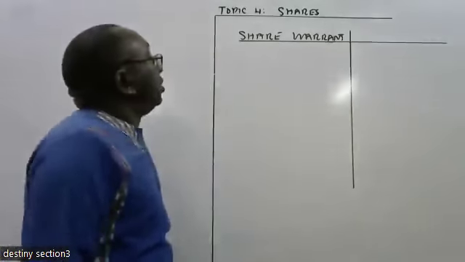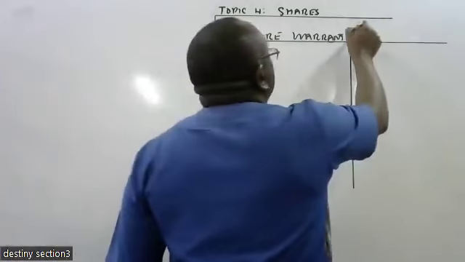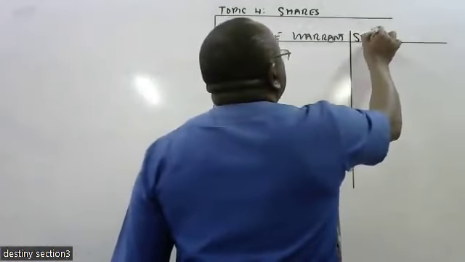Now I want us to mention a few differences. So in a tabular format, we have share warrant here and share certificates.